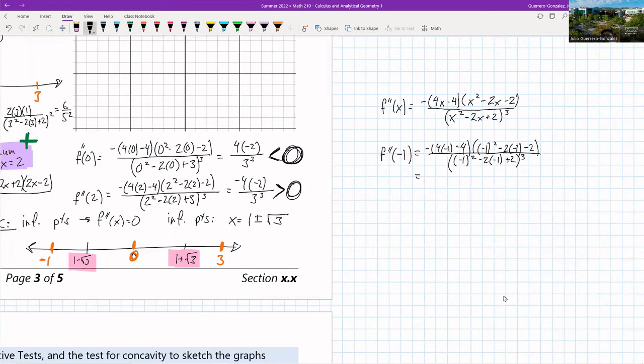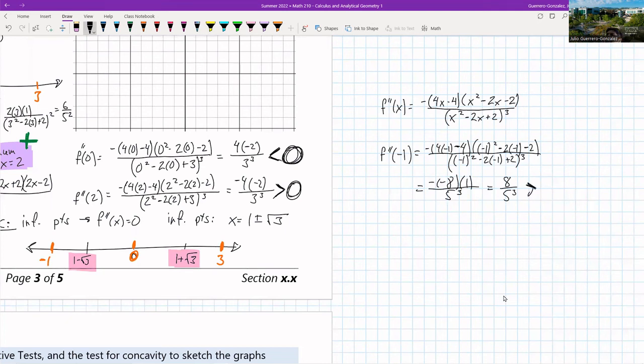If we reduce this, this is going to be minus 4 minus 4, which is minus 8. 1 plus 2 minus 2 is going to be 1, all over 2 plus 2, that's going to be 4, plus 1 is 5. 8 over 5 cubed, right?